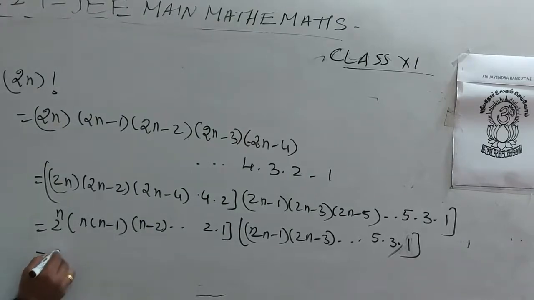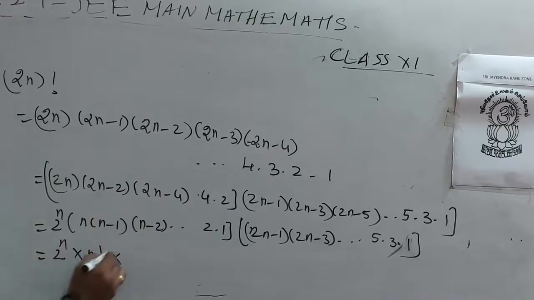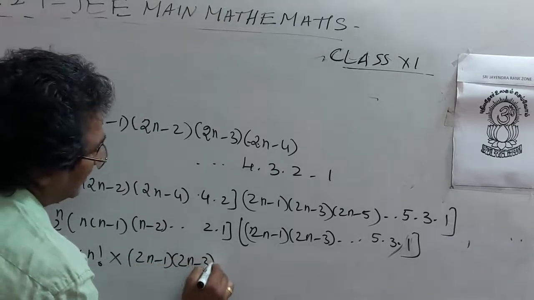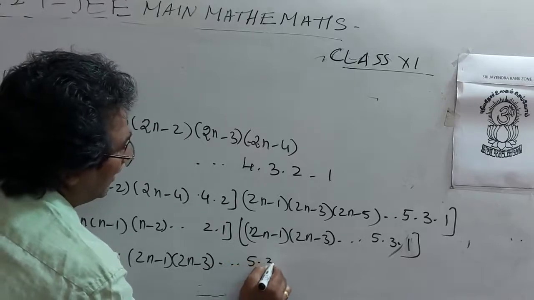So 2n factorial is coming as 2 power n into n factorial into 2n minus 1, 2n minus 3, up to 5, 3, 1.